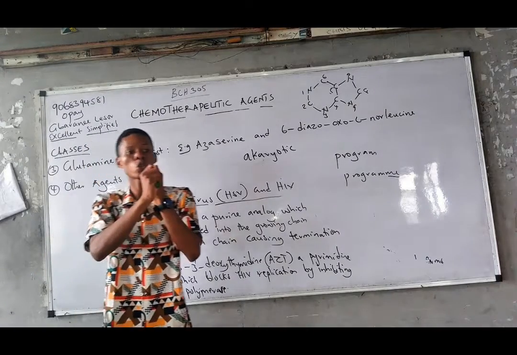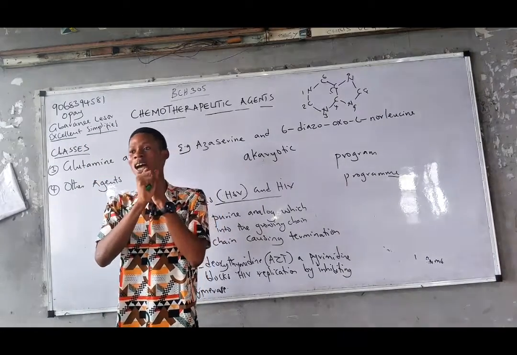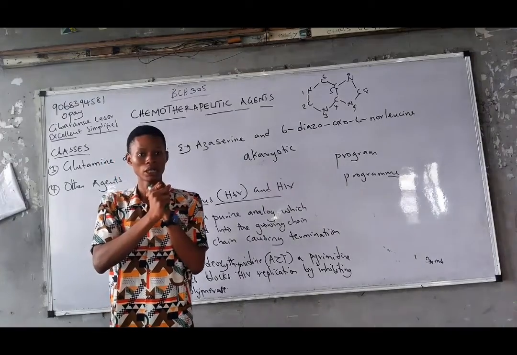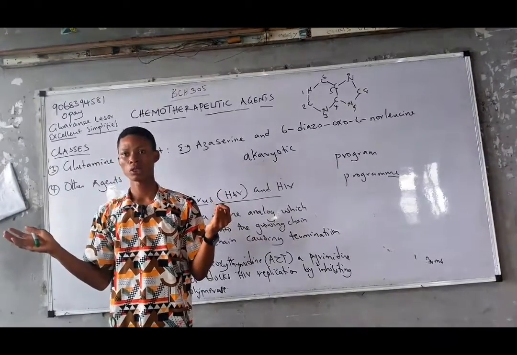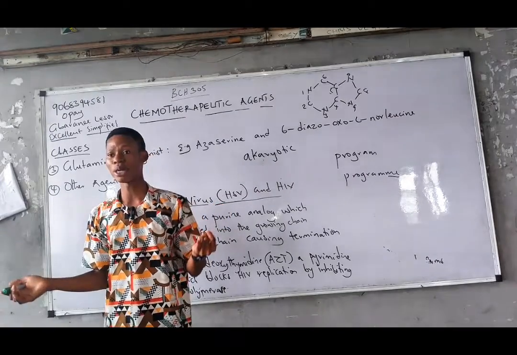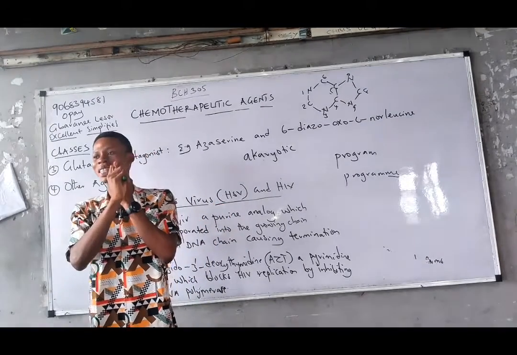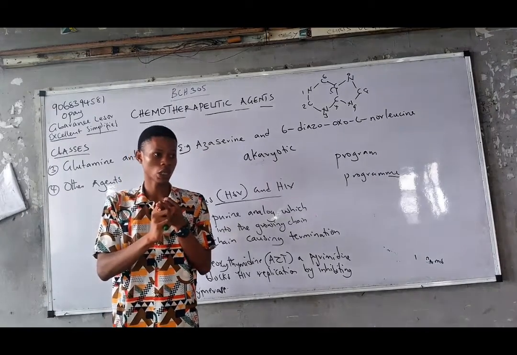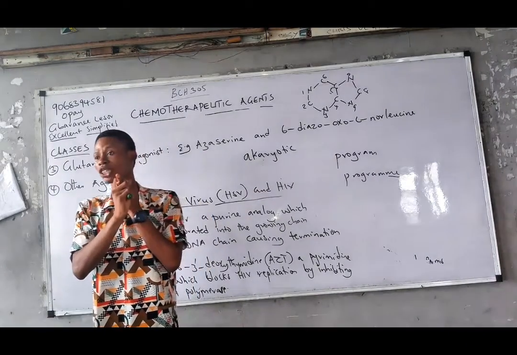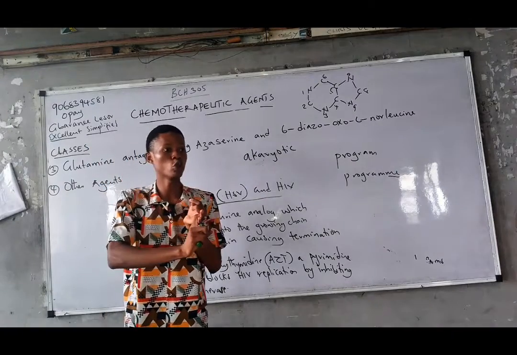1, a cell must have a limiting plasma membrane. That's the cell membrane. Viruses lack cell membrane. True or false? They don't have cell membrane. 2, a cell must have a metabolic machinery. Viruses lack metabolic machinery like mitochondria and other things.